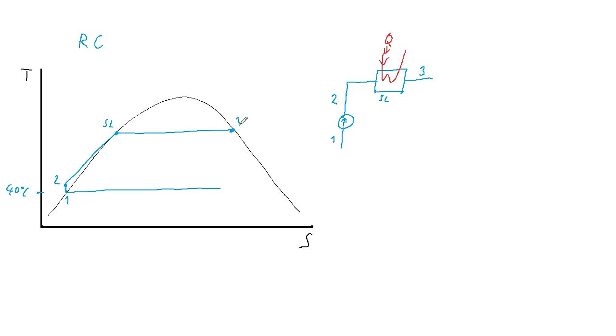Then expansion in the turbine or some other expander that converts the pressure potentially into work, to point 4, where point 4 is at the pressure of condensation, which was at a temperature of 40 degrees C, and for an ideal cycle it would look like this.